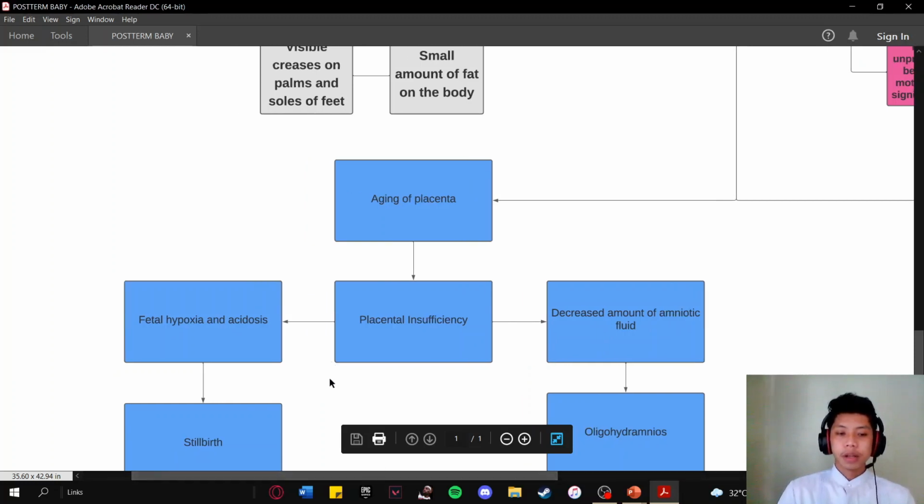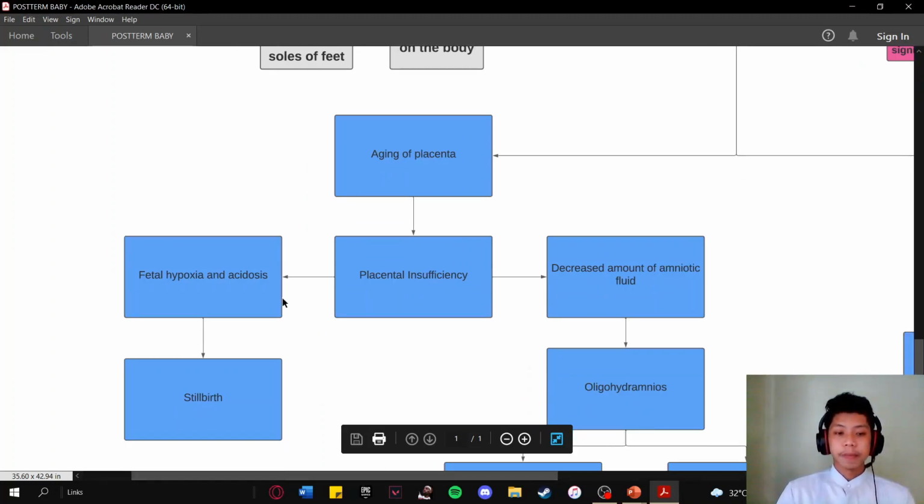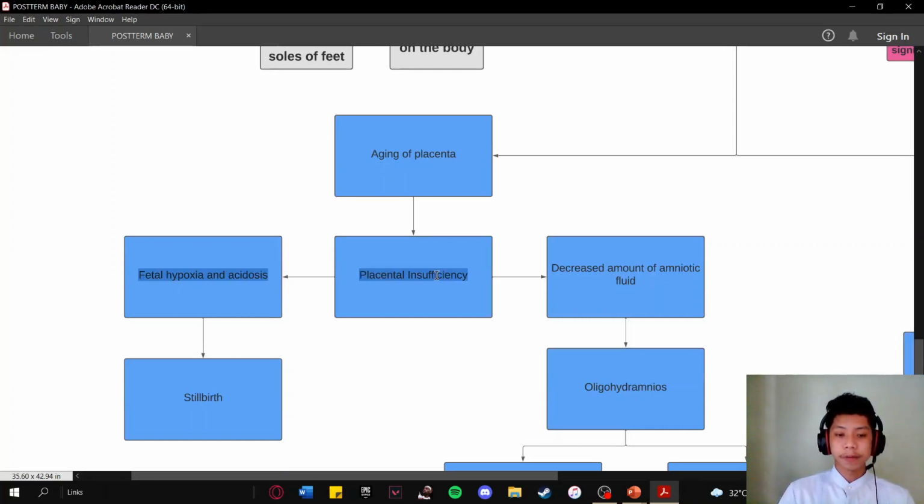So one pathway here is that fetal hypoxia and acidosis can occur if there is placental insufficiency, because with placental insufficiency, the placenta can no longer function well.